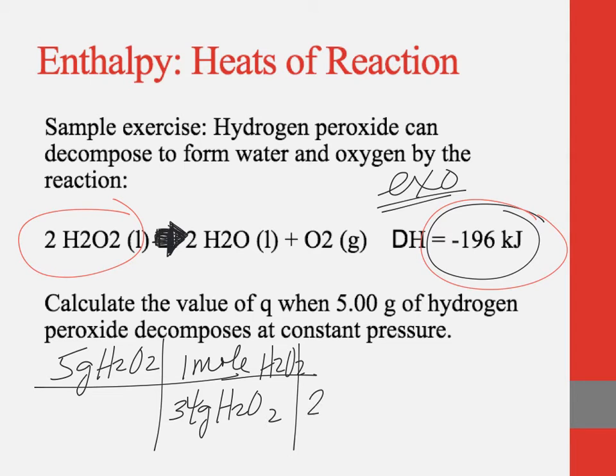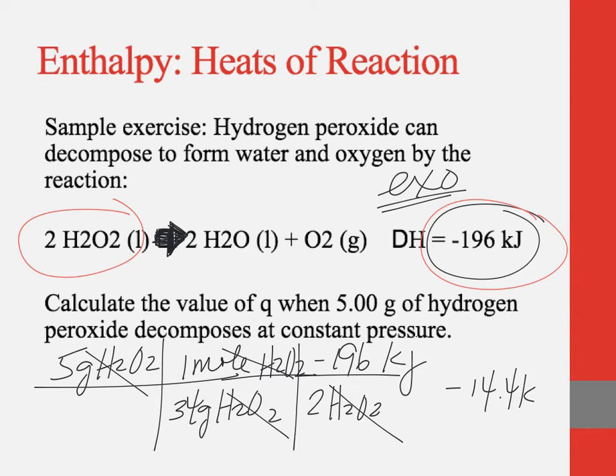So we have 2 H2O2 and negative 196 kilojoules. So our grams cancel, our moles cancel, and when we do the math on this, we have negative 14.4 kilojoules. Which should make sense because 5 grams is much less than 68 grams, which would be equivalent to 2 moles.